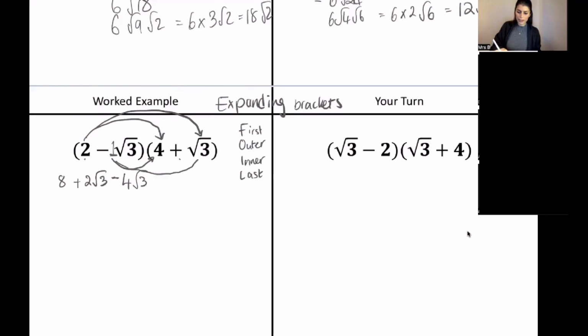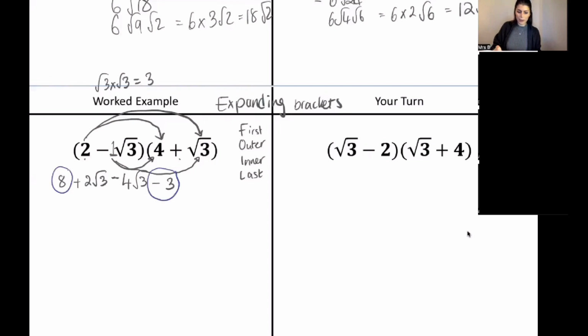And then you've got negative root 3 times positive root 3. Well, we know from before that when you multiply the same surds together, so let me write it here, root 3 times root 3 is equal to just 3. So negative root 3 times root 3 is just negative 3. Then we can simplify the numbers.